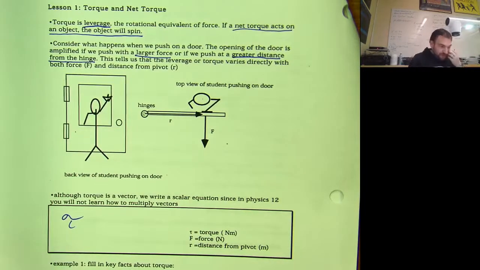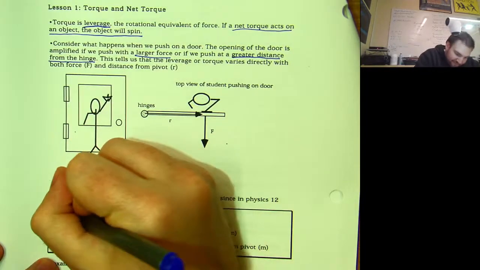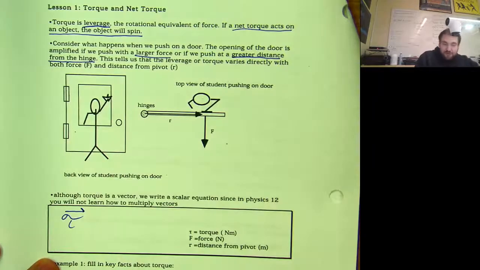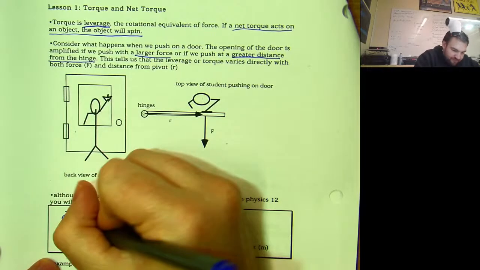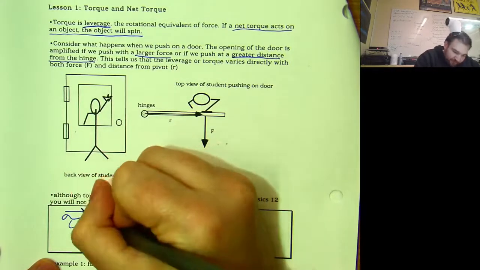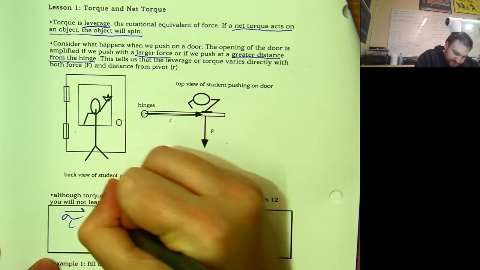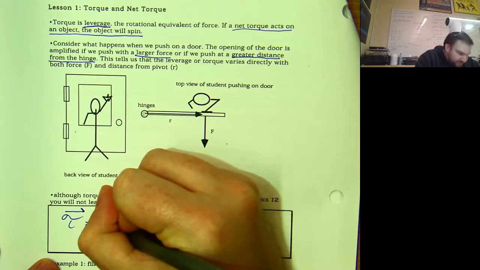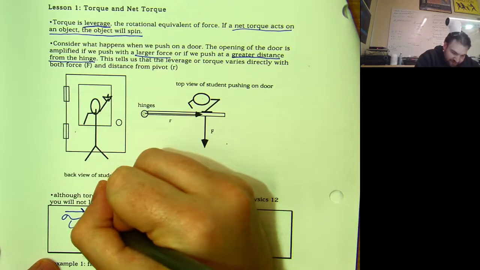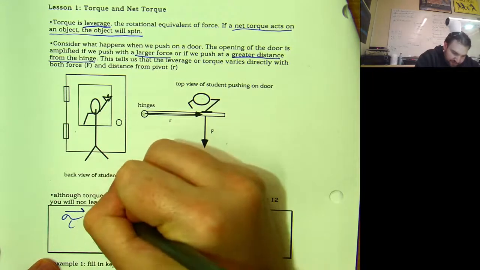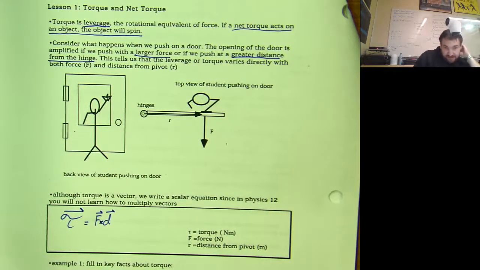That's the symbol for torque, a fancy T. Torque is a vector, it has a magnitude and a direction. And it is equal to the force times, actually I shouldn't put that in, it's a cross product, the distance to the hinge.